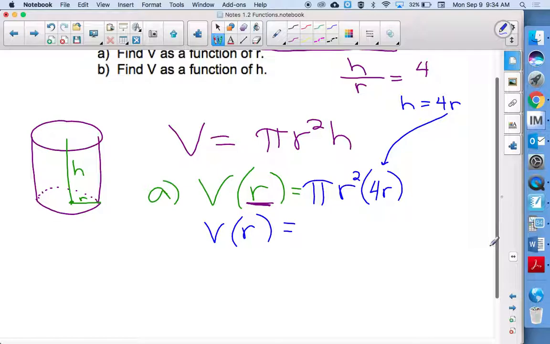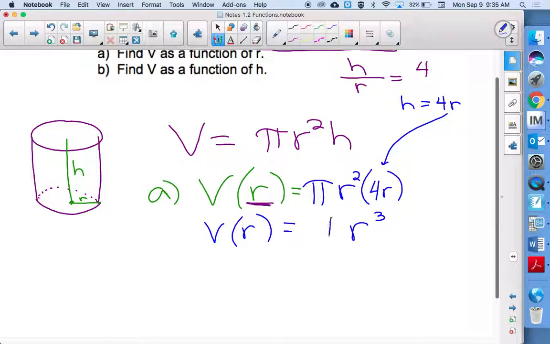So the volume as a function of the radius, Garrett, would then be, just kind of looking at this, what would the power of R be? Let's start with that. You're going to keep the R in the equation. So you have R squared here, you have another R here. So what's the power of R? Oh, it would be just R to the third. Yep, so it's R to the third. And then we have a pi.